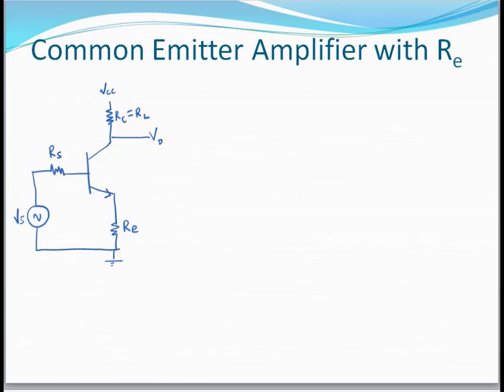We have already analyzed the common emitter amplifier circuit without RE. Here we have one emitter resistance. So if we use the common emitter amplifier with RE, what is the effect of RE in the circuit? We will analyze it after solving this problem.